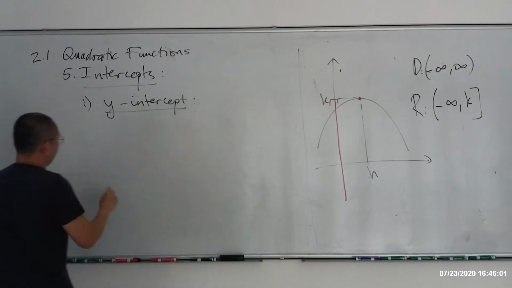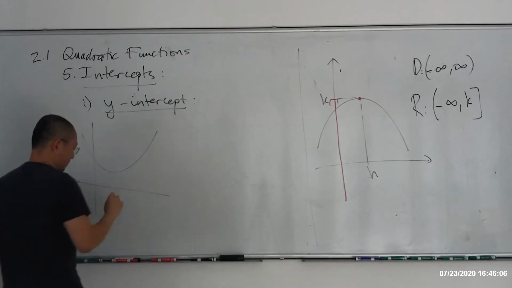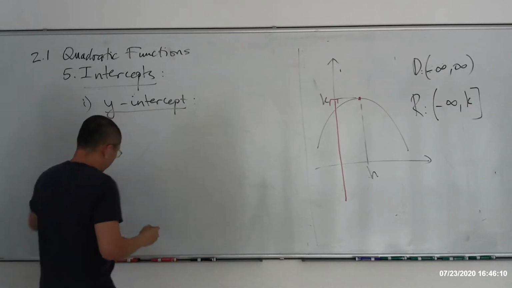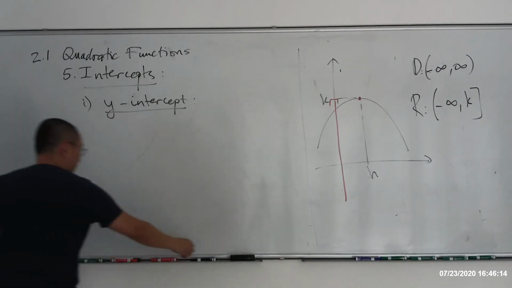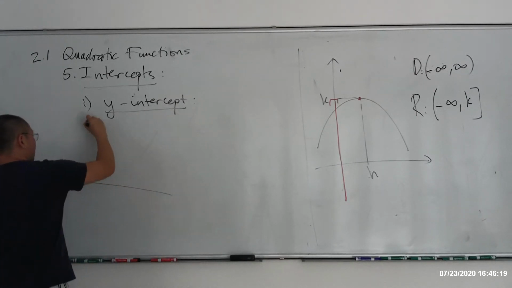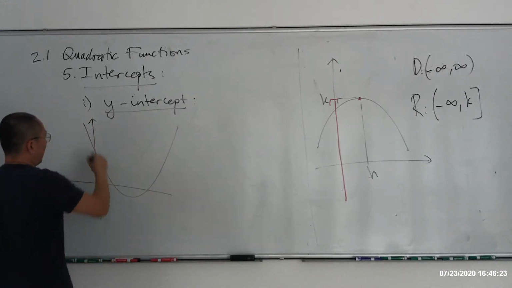Okay, so let me show you guys a graph again. Say an upward parabola. Let me draw it better so you guys can see both. Okay, so my graph is right here.